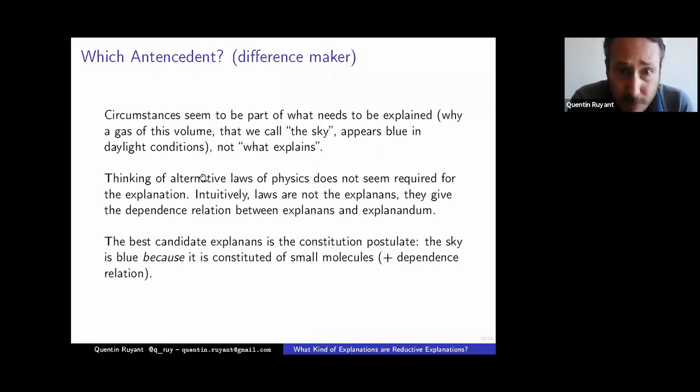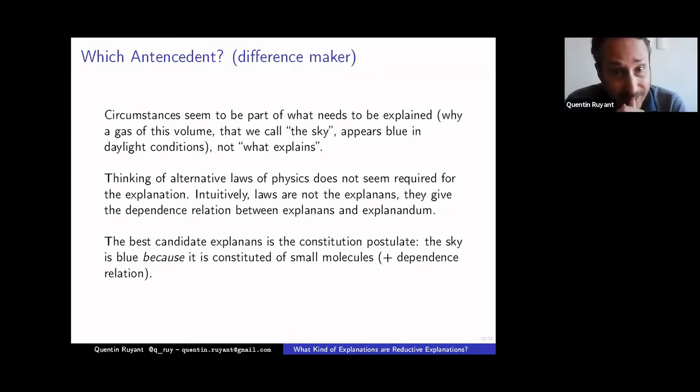Now, concerning laws of physics, thinking of alternative laws of physics does not seem required for the explanation. We don't need to say, well, if the laws of physics were such and such. This is my intuition, but intuitively speaking, I would say that laws are not the explanans, but rather they concern the dependence relation between explanans and explanandum.